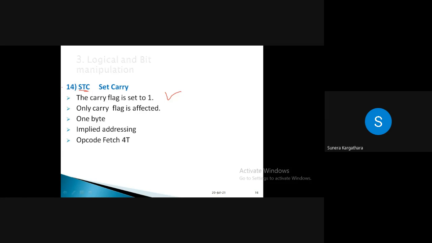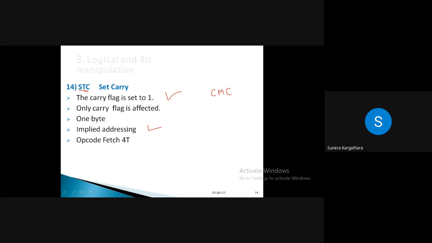But if it is reset, you can set it to 1. Only the carry flag will be affected. It uses only 1 byte of memory, and there is no need to mention any operand. It will by default set your carry flag only, so it uses the implied addressing mode. Any doubt here with this STC? Anyone? No, ma'am.